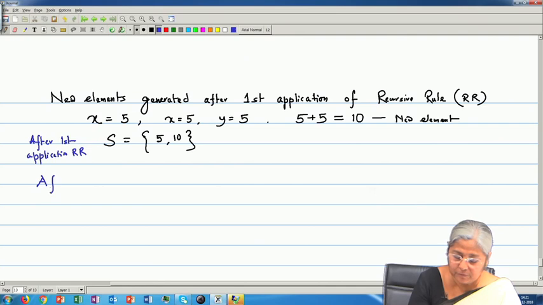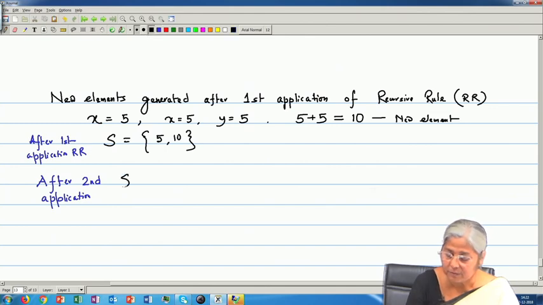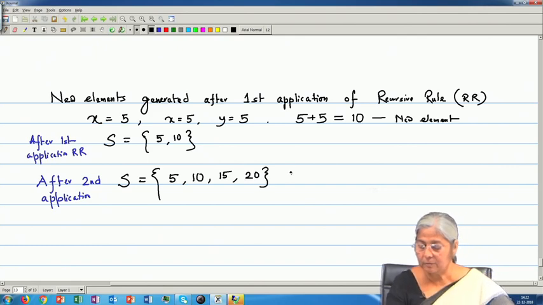Then after the second application, I can write my S equal to 5, 10, 15, 20. Why?